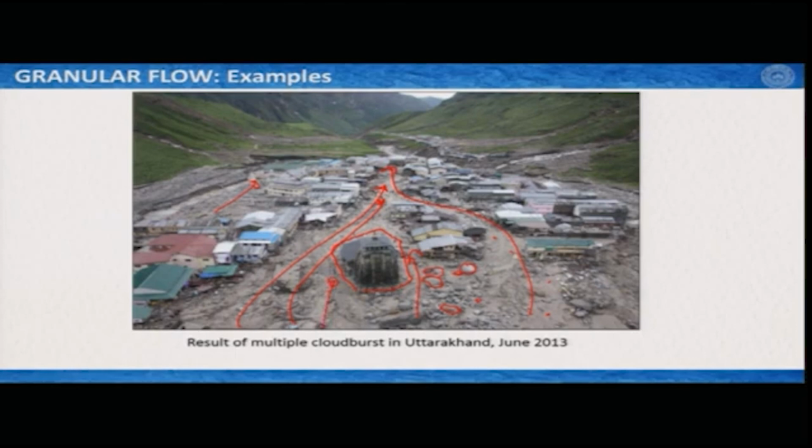Now the water is gone and this is how it looks. This is a classic example of granular flow. All these boulders, pebbles or sand size grains, when flowing with the aid of water, rotated, collided with each other, reduced their grain size and so on.